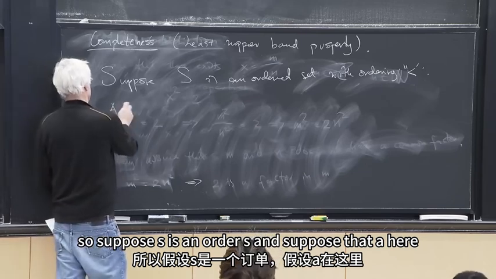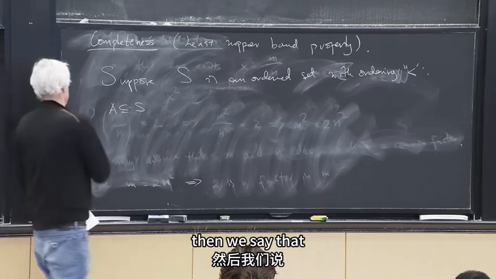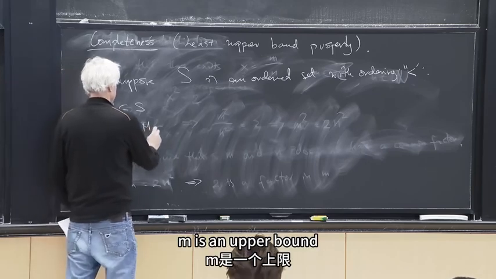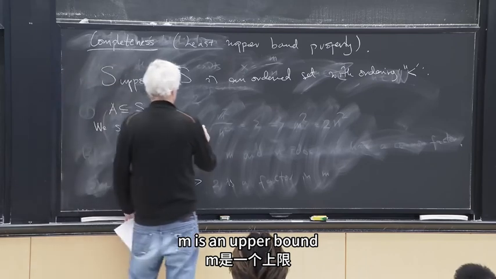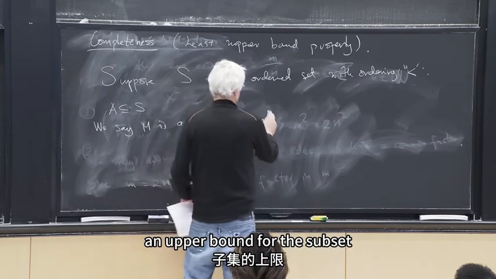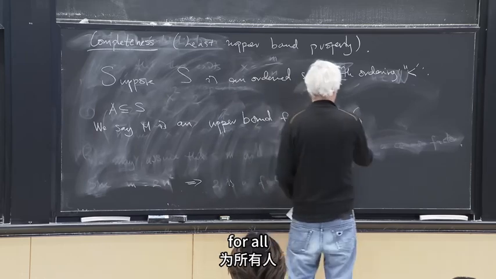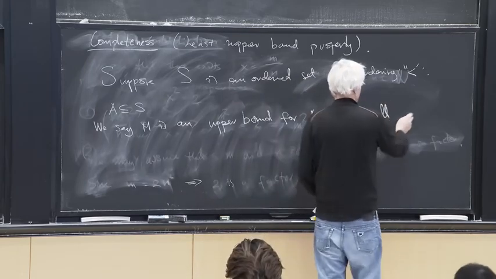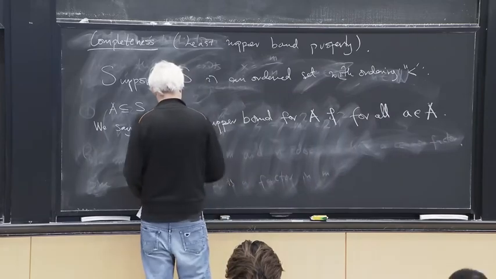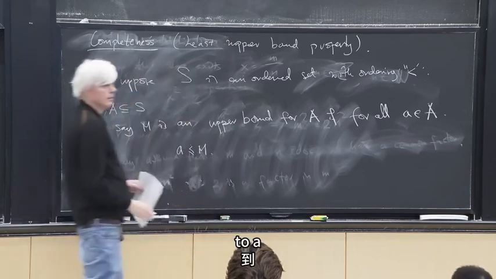Suppose that A is a subset of S. Then we say that M is an upper bound for the subset A if for all elements a in A, M is bigger or equal to a.